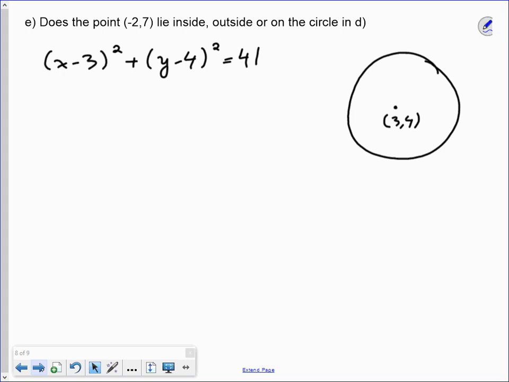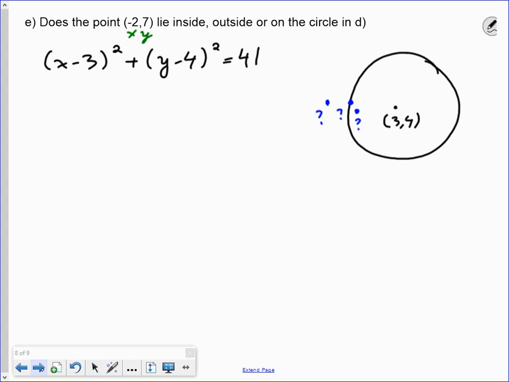And we have to figure out, is negative 2, 7 here inside the circle? Is it here outside the circle? Or is it right on the circle? We could check to see if it's right on the circle by subbing negative 2, 7, so our x and our y value, into the equation to figure out if the left side is equal to the right side.